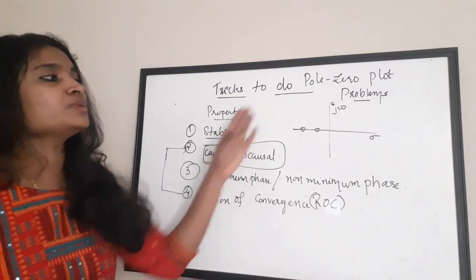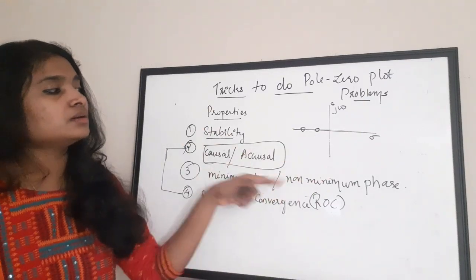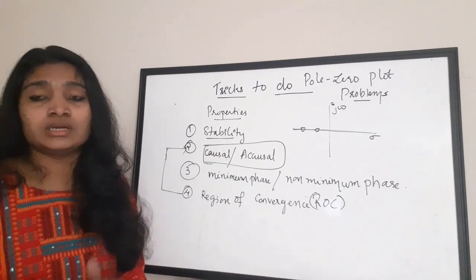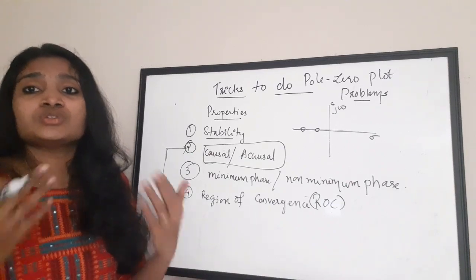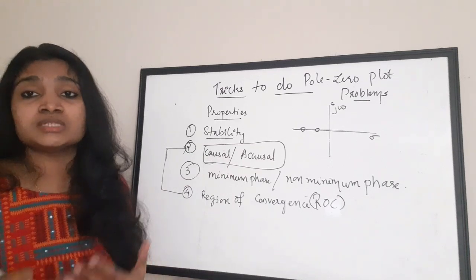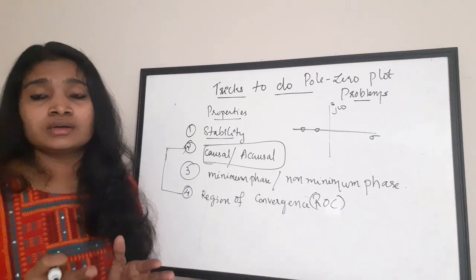In some questions they will give the pole zero plot and ask whether the system is minimum phase or non-minimum phase, or in some cases they will give you a transfer function and tell you to draw the pole zero plot and find whether the system is minimum phase or non-minimum phase. In any case, you have to look at the zeros.